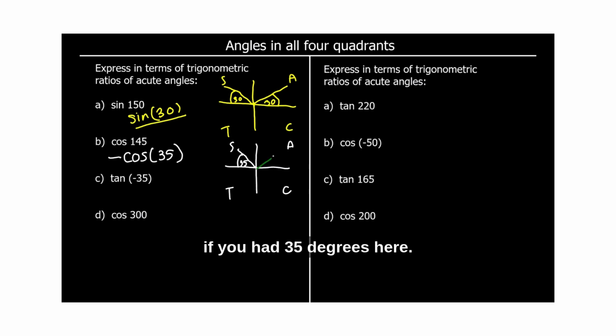So if you had 35 degrees here, cos would be positive here and cos would be negative here, but the x-coordinate here and here will be the same but negative. So cos 145 is the same as negative cos 35.